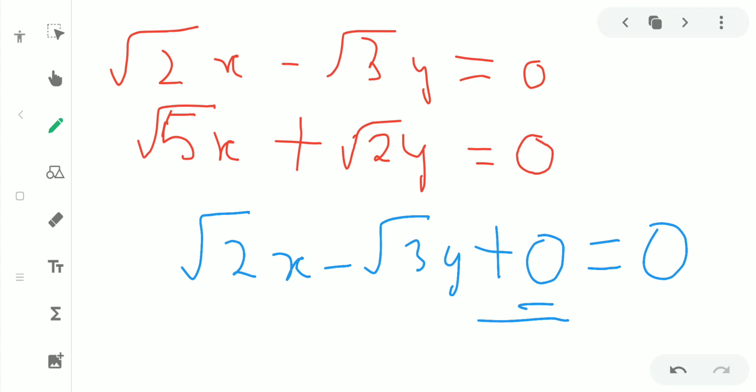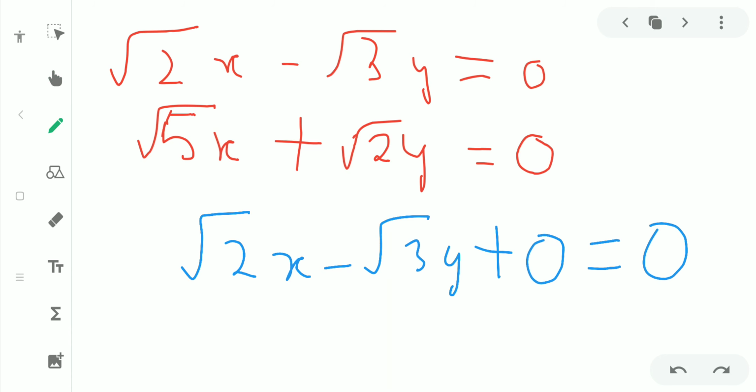I have written plus 0 because I have no value for c. So that's why I have written in this manner. If there is no value for the c and there are only two variables' numerical values given and the 0 on the RHS, you should take 0 on the LHS in this way.